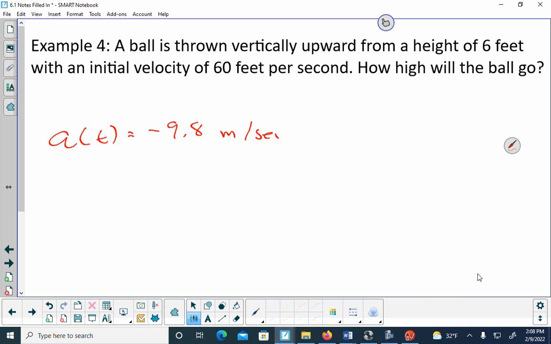So do you remember the position function? And then the first derivative of the position function was... I'm driving my car. My average rate of change would be my what? Speed. So that would be the velocity.